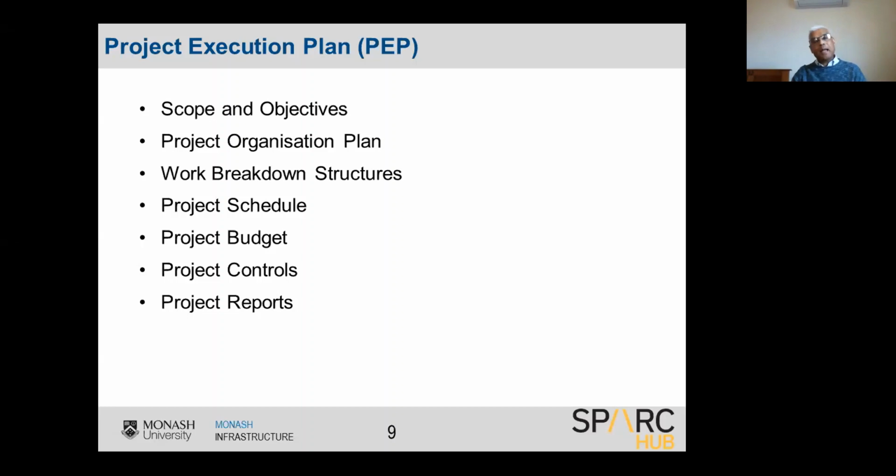In the project execution plan, these are the chapters or the headings. You explain the scope and objectives, the project organization plan, the organization charts, work breakdown structures. We'll come back to these work breakdown structures in a minute. And then the project schedule, project budget, project control. These are the essential ingredients, inputs of a project execution plan.